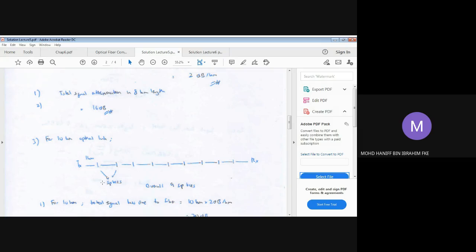So 1 kilometer, 1, 2, 3, 4, 5, 6, 7, 8, 9, 10. This is the 10 kilometer length of the fiber optic structure, and for every 1 kilometer there is one splice. So for this 10 kilometer length, the number of splices will be 9, connecting the fibers: 1, 2, 3, 4, 5, 6, 7, 8, and 9 splices overall.